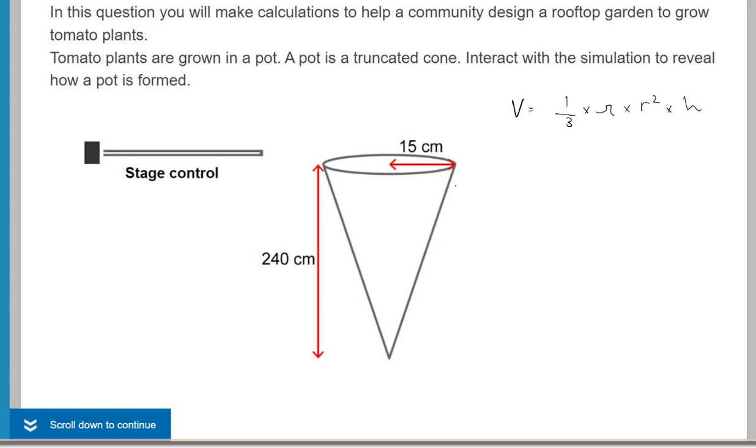So the total volume is 1 over 3 multiplied by pi multiplied by 15 square multiplied by 240. To calculate this, we would get an answer of 56,548.